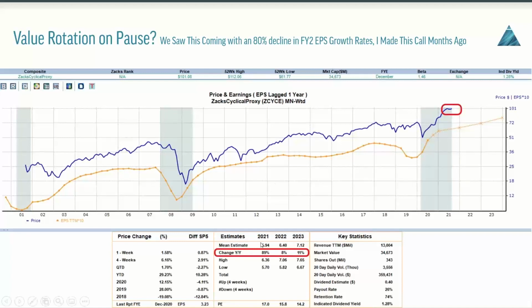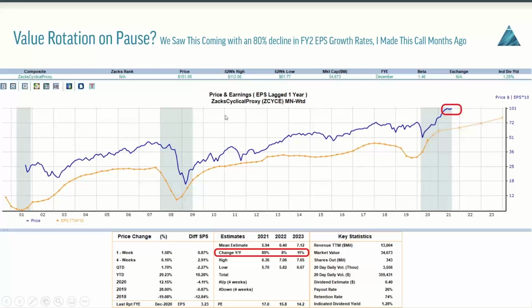And you can see those cycles being exacerbated here with this EPS growth rate of 89% coming in for 2021, and then you'll see that precipitous decline in 22 down to 8%. So again, you can see that flat line here in those value names, specifically in the industrial complex.